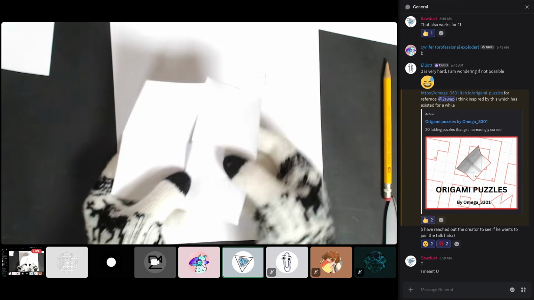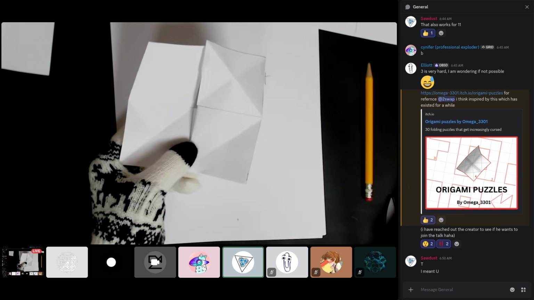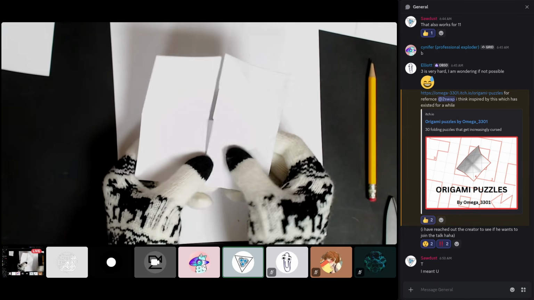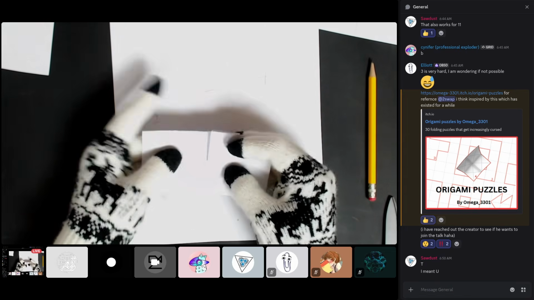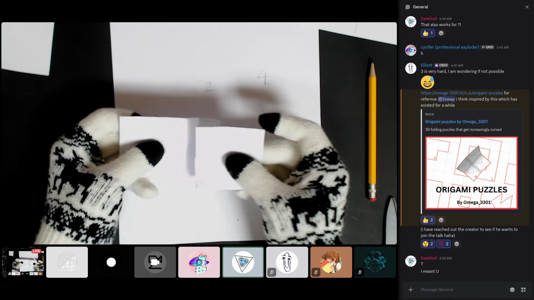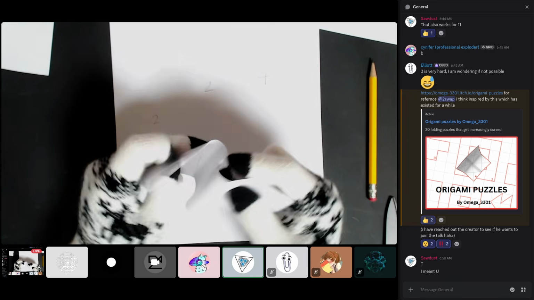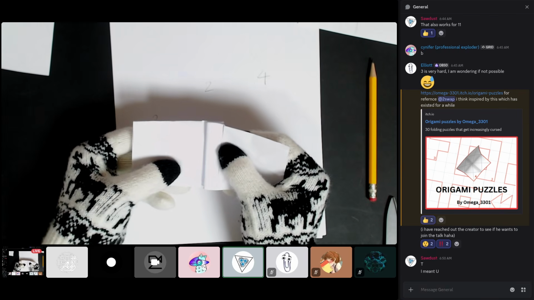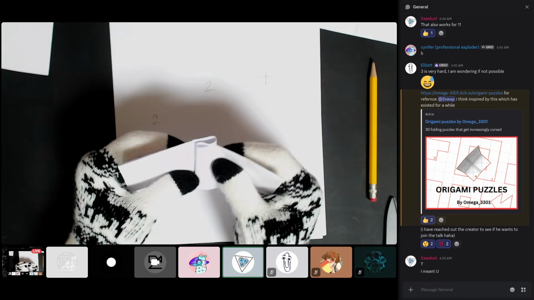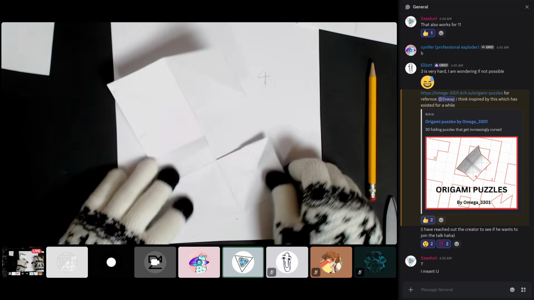Although I was imagining folding the 2 ears, the dog ears, down first and making 2, 1, 2, and then Z folding the middle so that it was like 2, 3, 2. But that's not helpful actually. I'm trying to figure out how we could pull the 3 out of the middle and only make it a 2. And I don't see how to do that. So I have to say I don't have an answer for that.